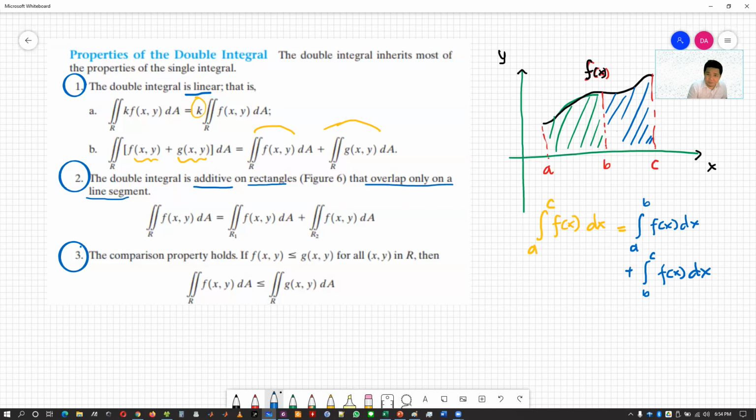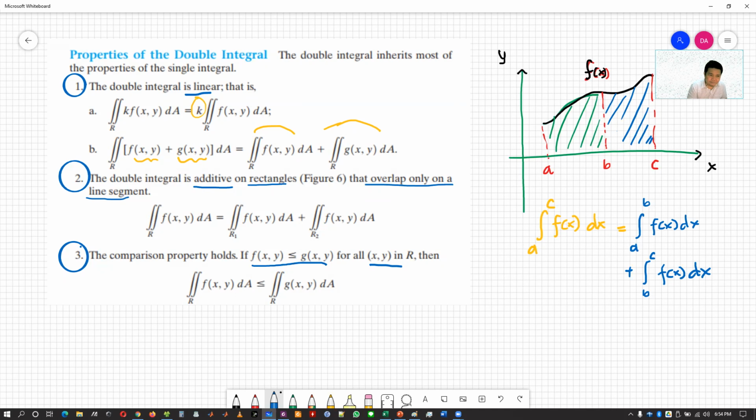The third one is comparison. The comparison property holds. For example, for functions f and g, if f is less than or equal to g for every x and y in R, the domain itself, then the result of the integral also holds.